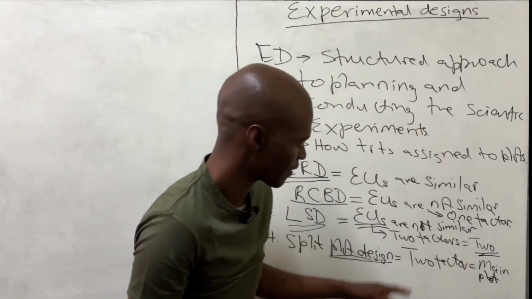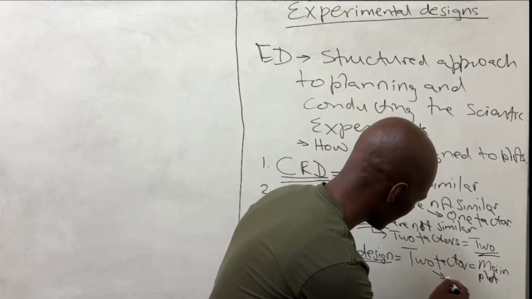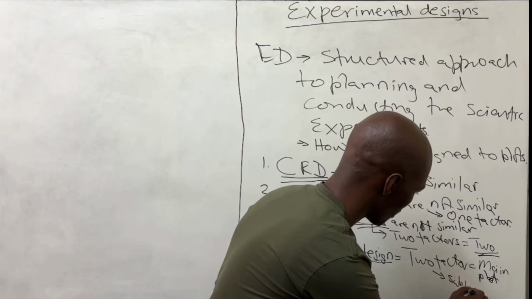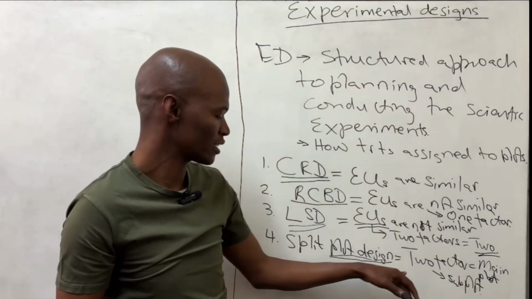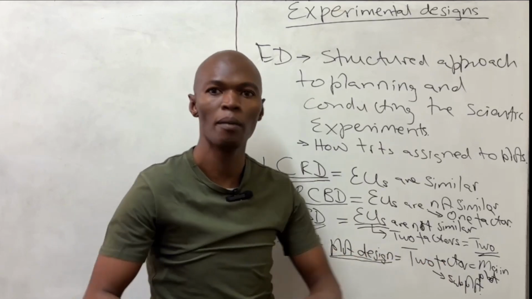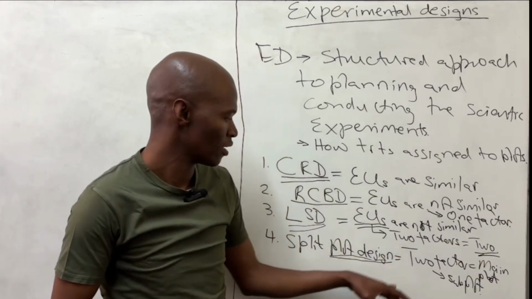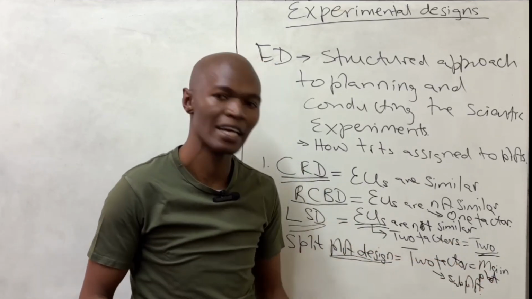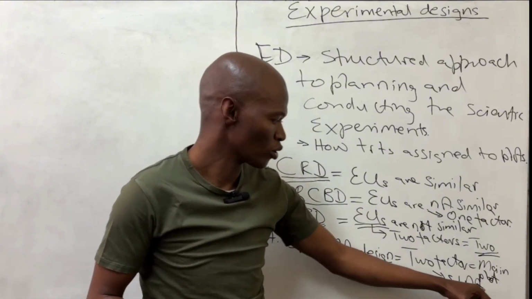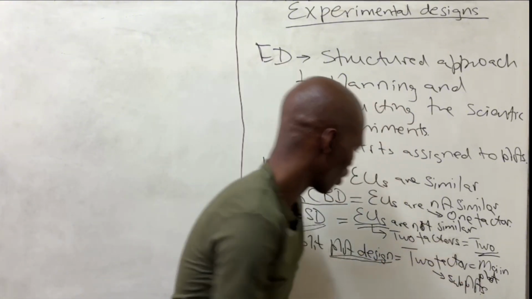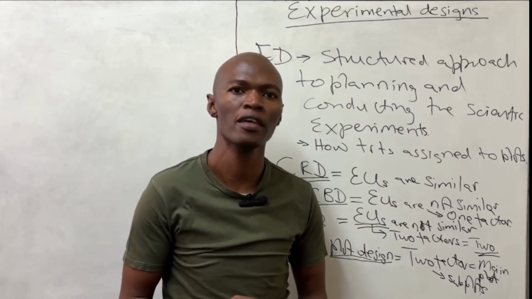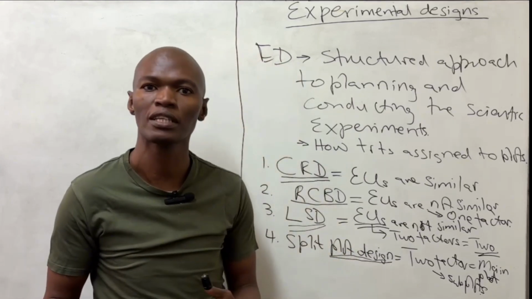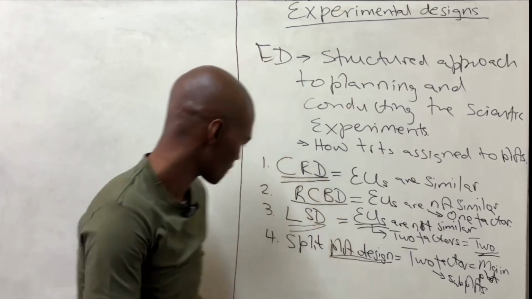Then the second factor, we treat as a subplot. The whole field has the main plot, and inside the main plot we have the subplots. We call that a split plot design. It's commonly used by researchers who are doing plant experiments.